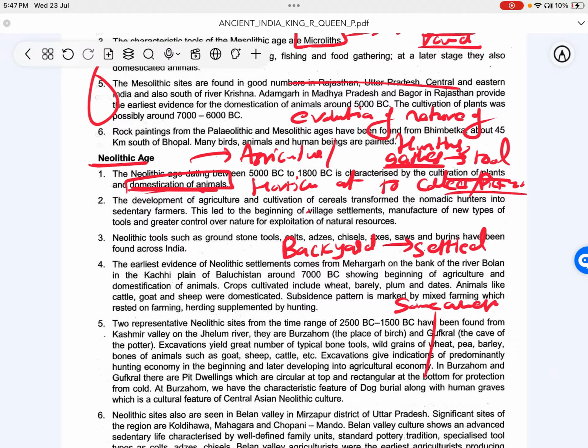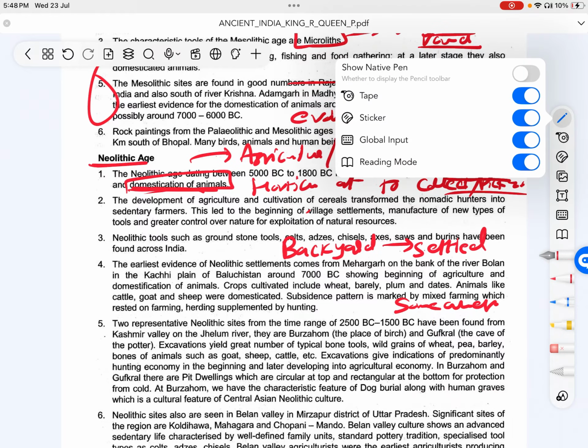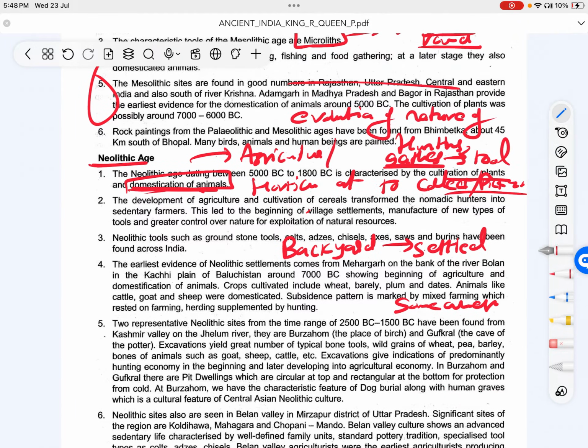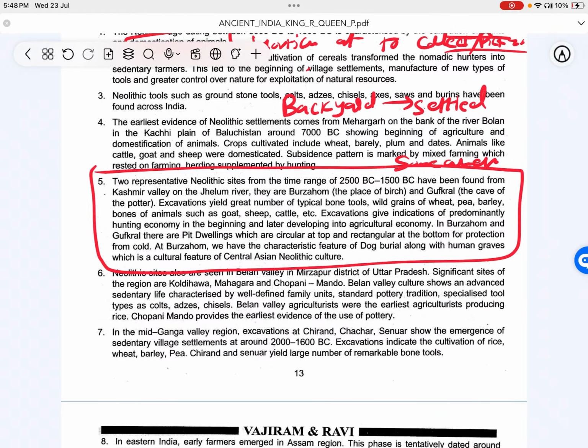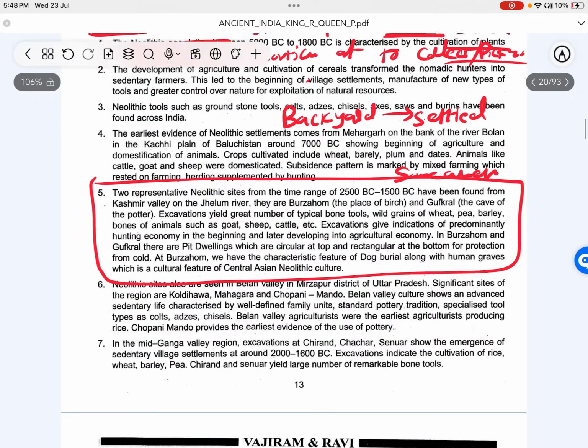Mostly they preferred to be nearby water. And these are all the archaeological aspects; I'm not into much of all these.